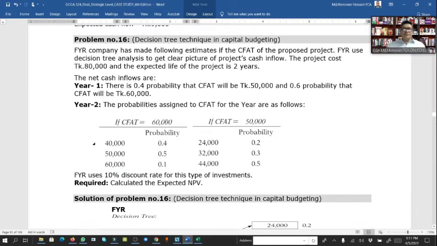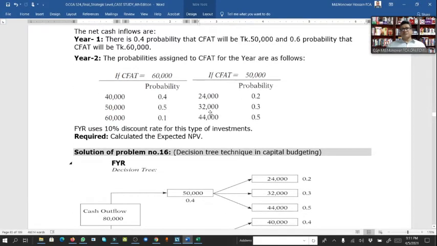Given 50,000, 24,000 comes with probability 0.2, 32,000 with probability 0.3, and 44,000 with probability 0.5. In the same way, given 60,000, 40,000 has probability 0.4, 50,000 has probability 0.5, and 60,000 has probability 0.1. The company used a 10% discount rate for these types of investment. So calculate the expected NPV.